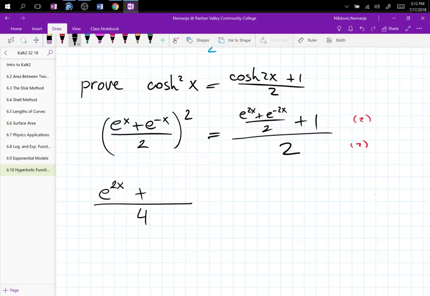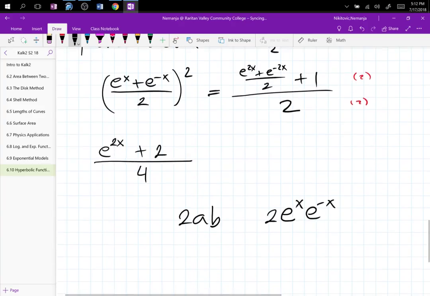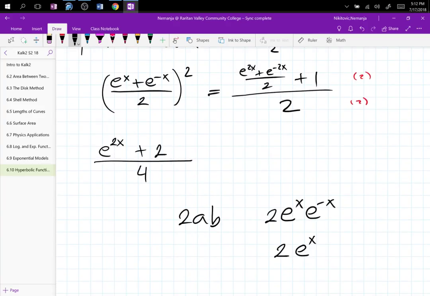There is a 2 in the middle, because the middle term is 2ab. So that's 2 times a is e to the x and b is e to the negative x. So this works out to be 2e to the x minus x, which is 2e to the 0, which is 2 times 1, which is 2. So the middle term is 2. And then you have plus e to the negative 2x.